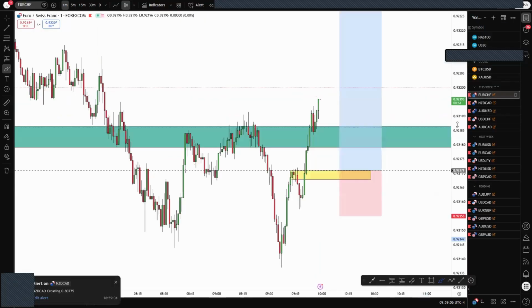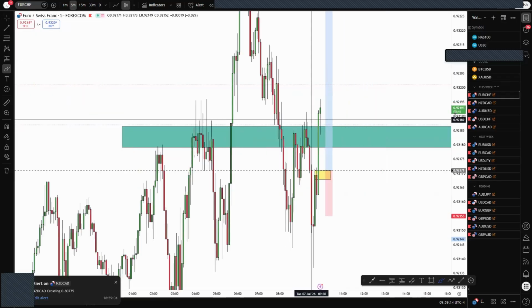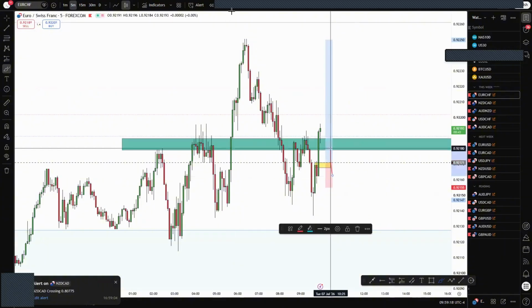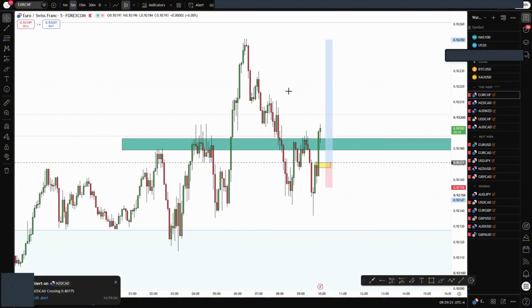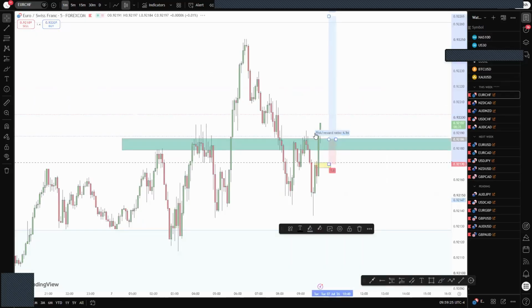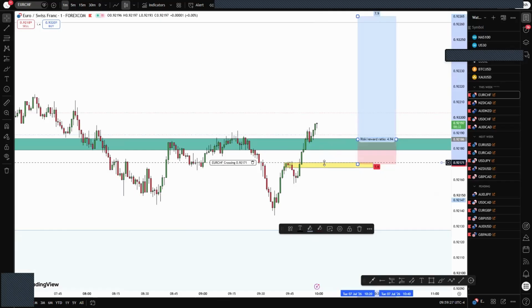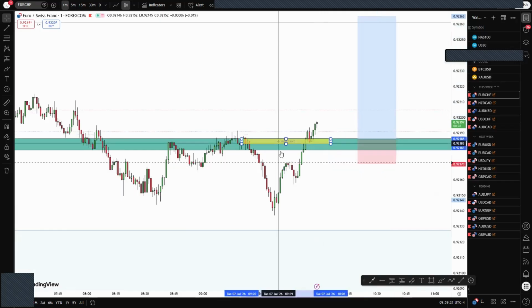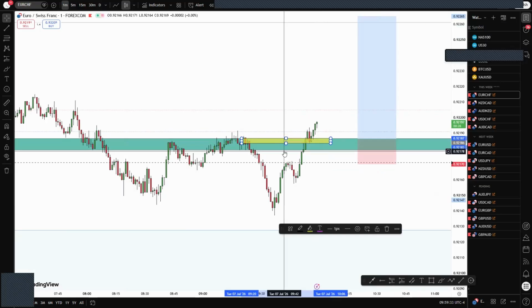So for this one, price hasn't yet broken above. The 4 hours made the higher high. Since it has made the higher high, the daily has made the higher high, meaning we can now focus our buy at this point.